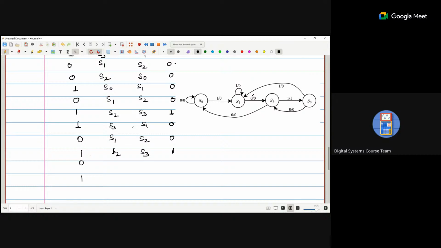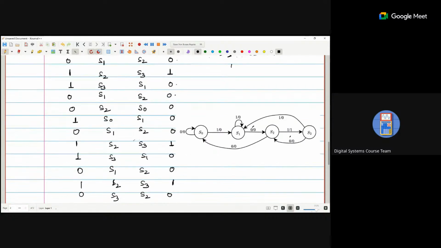Now 0 is coming. So present state is S3, next state is S2. Now with 0 in S2, 1 is coming. So S3 and 1 is the output. So what is the output?